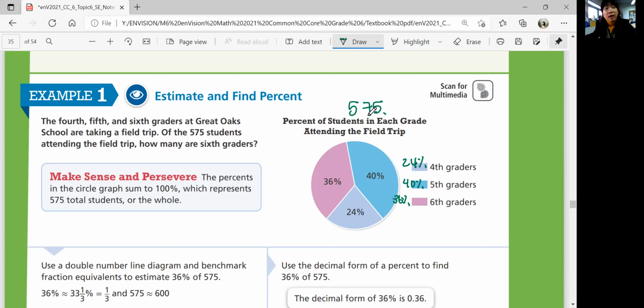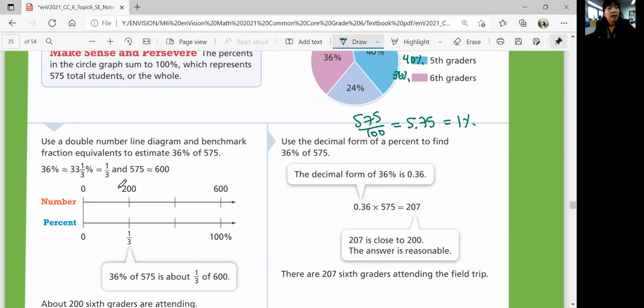So you can divide that by 100 to get 1%. So 575 divided by 100 is 5.75. And that's 1%, right? And then you can multiply that by 36 to get the exact number. Okay, visually, how can you represent that?